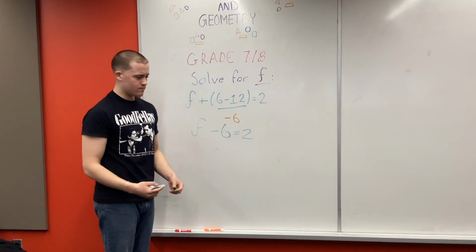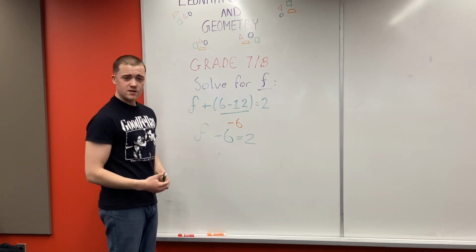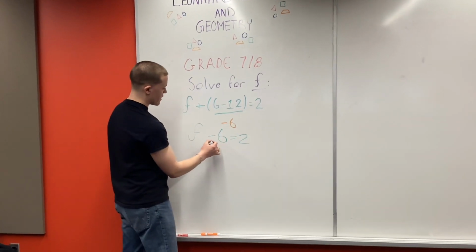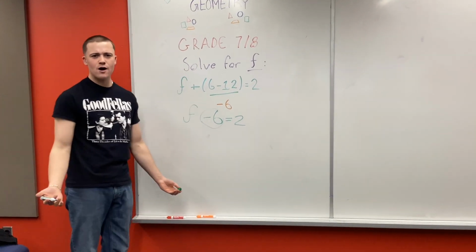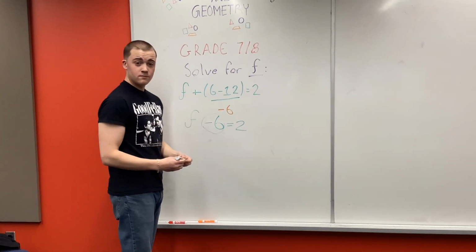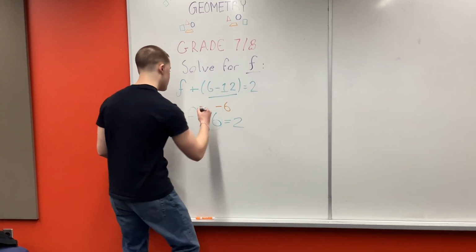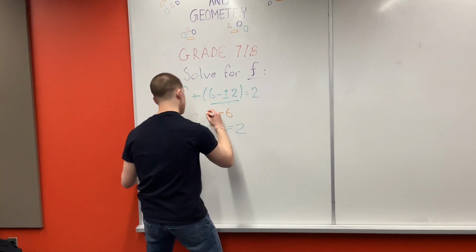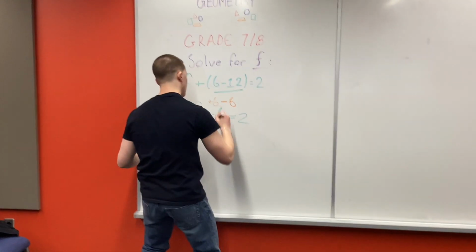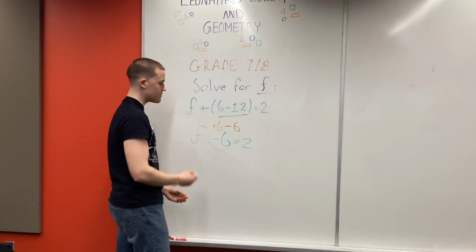So, now, the second step, we have to isolate this. Now, how do we do that? Well, it's actually very simple. We have to take away this number and put it on that side. Now, again, how would you do that? Again, it's very simple. All we have to do, I'll use a different marker so it's easier. We have to add 6 to this side.